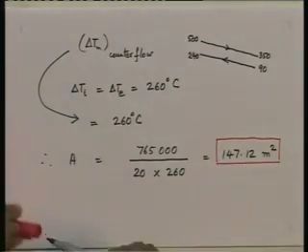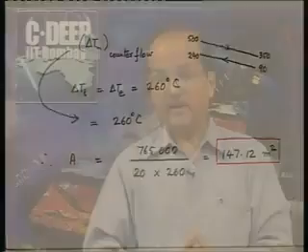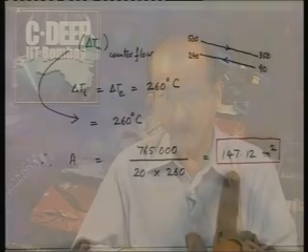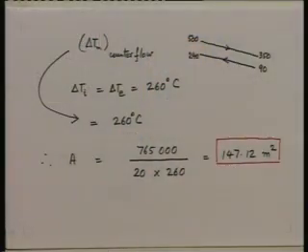So, this is the value for the area A if the arrangement is counterflow. And I will make a statement here without proving it: any kind of cross flow arrangement would give an area between these two extremes.